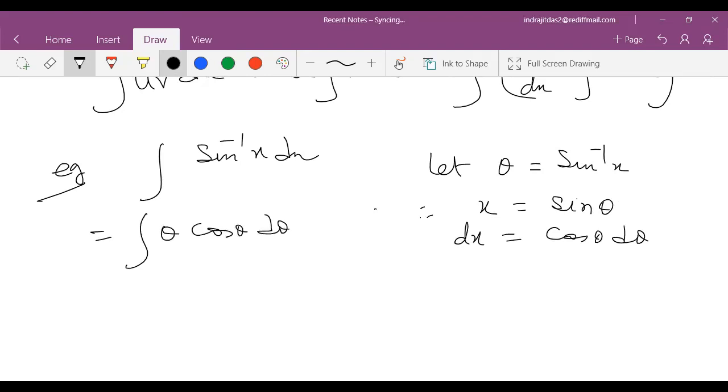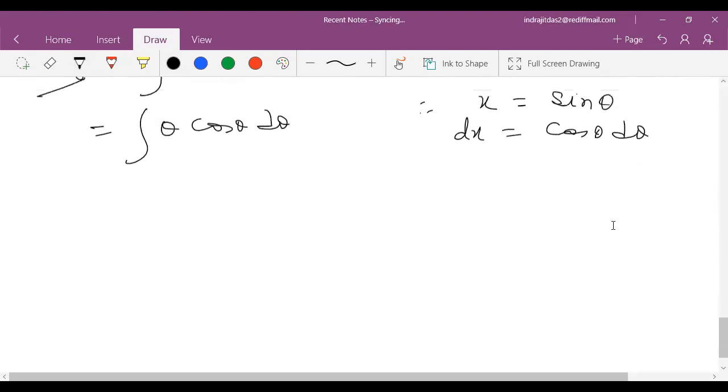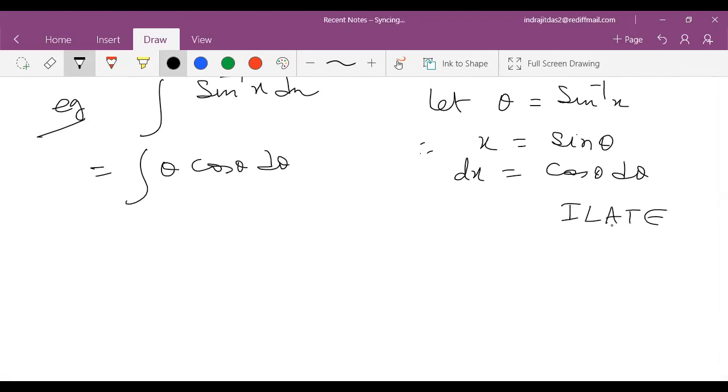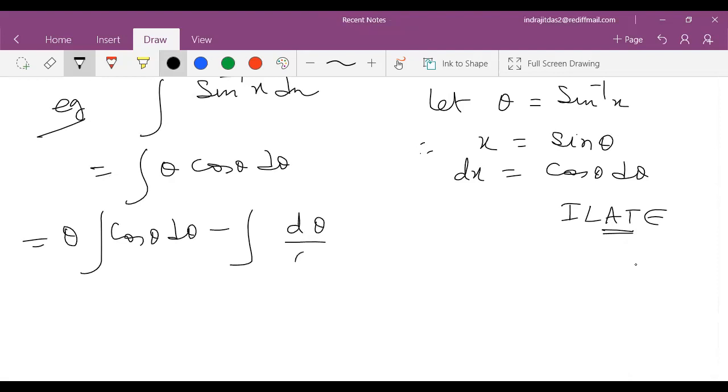So now it is uv, that is product rule, or by parts we can say. We know ILATE: inverse, log, algebra, trigonometric, and exponential. Here algebra is theta and trigonometry is cos theta. So we will put theta outside, cos theta integration d theta, minus derivative of theta with respect to theta into integration of cos theta d theta.